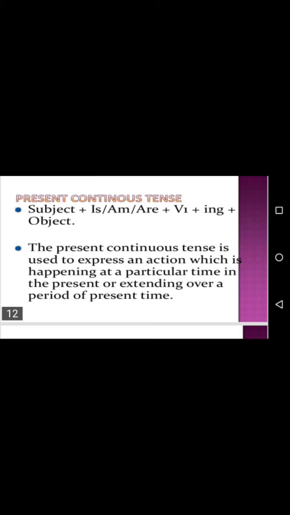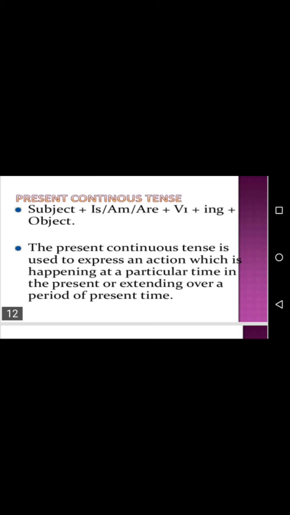Now the next one is present continuous tense. In all the continuous tenses we will be using V1 plus ing. Remember it, whether it is present continuous, past continuous, or future continuous. The difference will be in the helping verbs. What is that? In present continuous, we will be using is, am, or are, depending on the subject, plus V1 plus ing, and then the object.